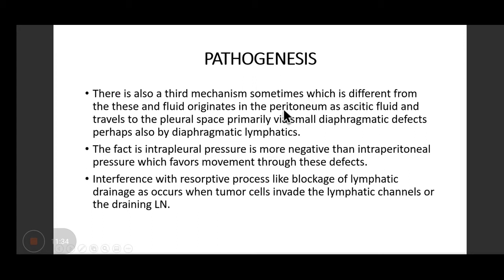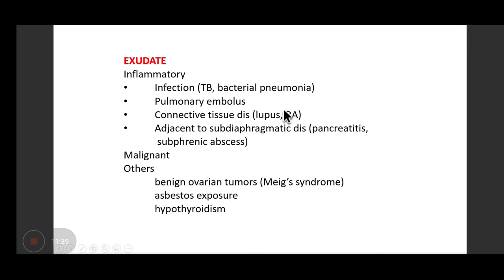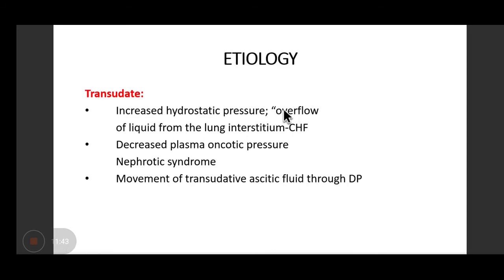Okay, now coming on to the etiologies of the transudative and the exudative type of pleural effusions. So in transudative, there is increased hydrostatic pressure. Okay, it's an overflow type of thing. So the overflow of liquid from the lung interstitium is happening. And decreased plasma oncotic pressure is there, like in nephrotic syndrome.